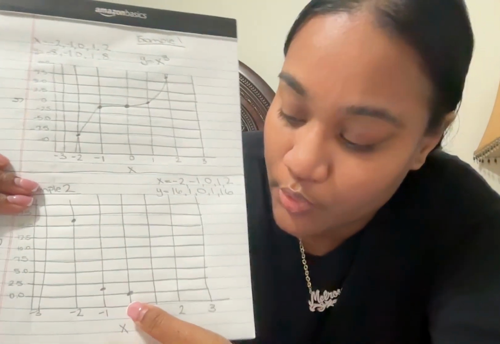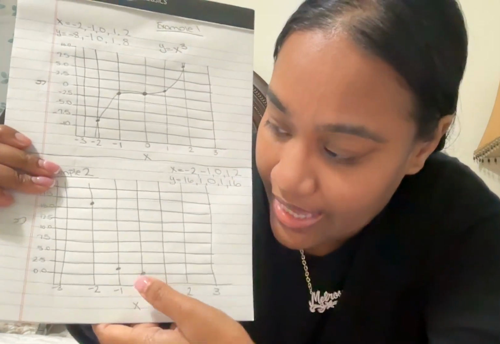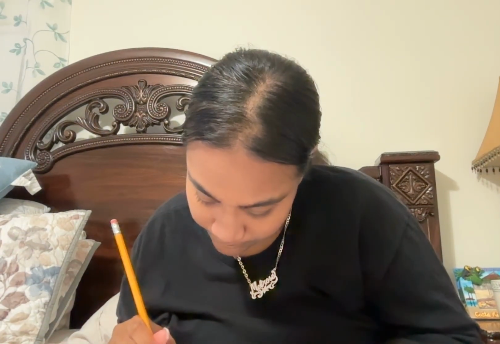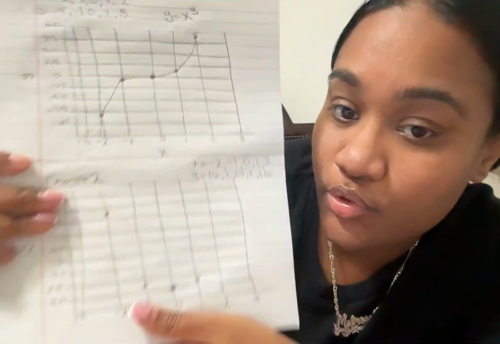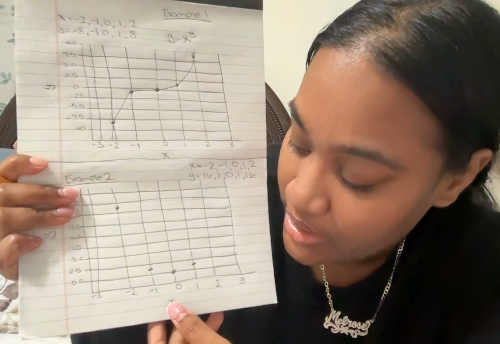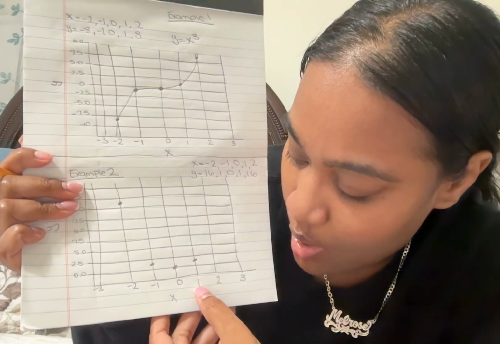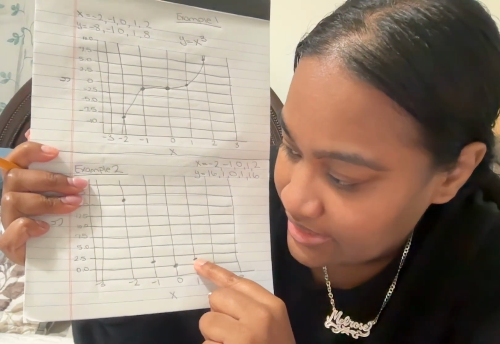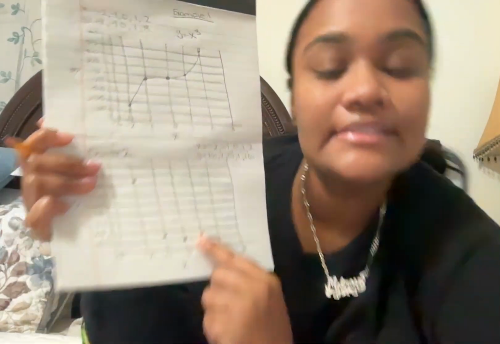So our next coordinate point would be 0, 0. So 0 on the x-axis, 0 on the y-axis. And then our next point will be 1, 1, which will be here. So 1 is here on the x-axis, and then 1 is here on the y-axis.